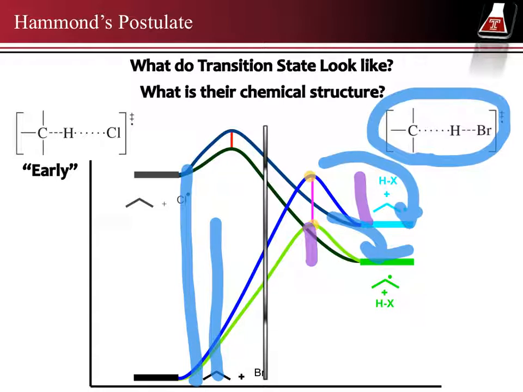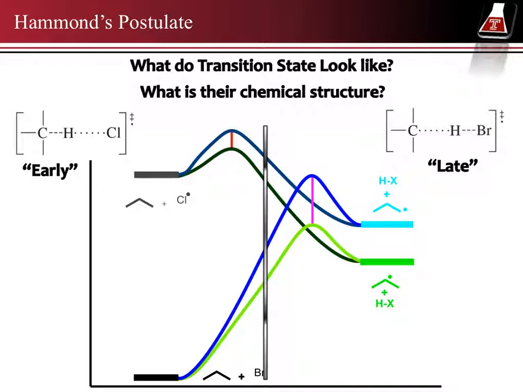Not surprisingly, this is called a late transition state, again because the transition state resembles the later intermediate in the reaction, because it's closer in energy. So if a reaction is exothermic, you always have an early transition state. If a reaction is endothermic, you always have a late transition state.